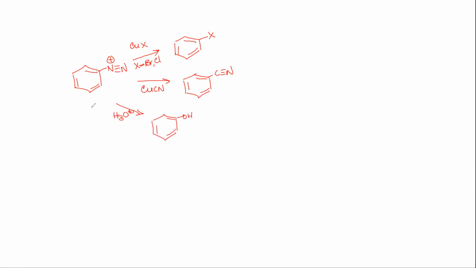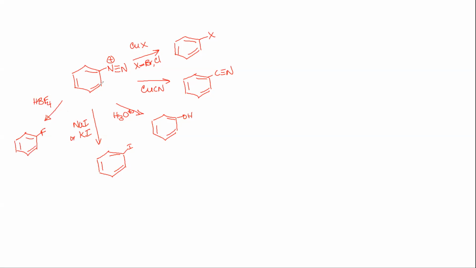We could add sodium iodide or potassium iodide and add an iodide to the ring. There are a lot of drugs that have fluorines on the benzene ring, and it's HBF4, I believe, that's a convenient method to add a fluorine.